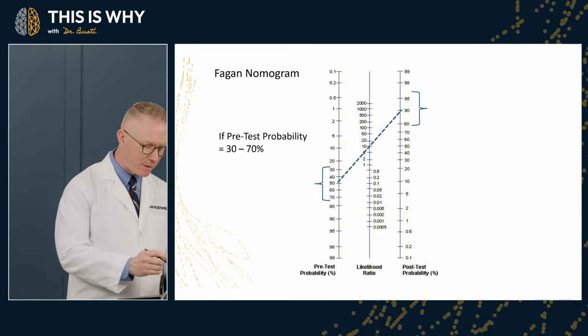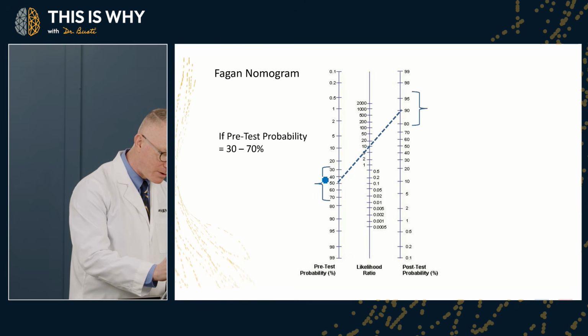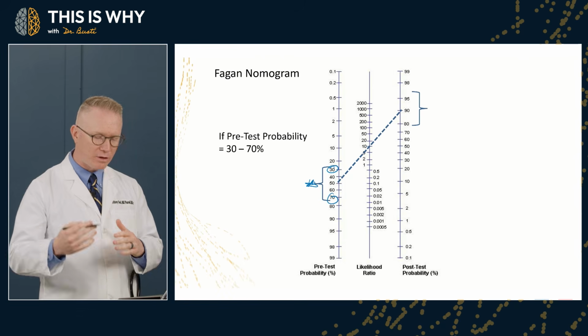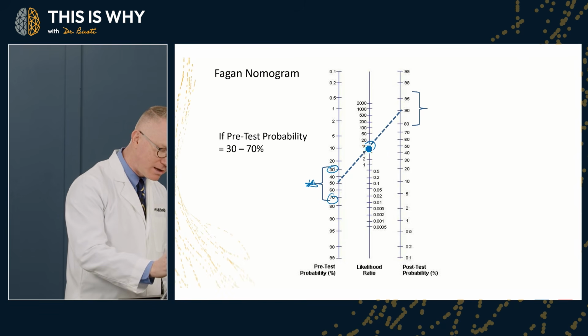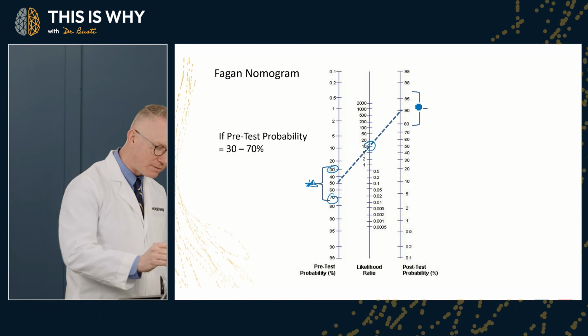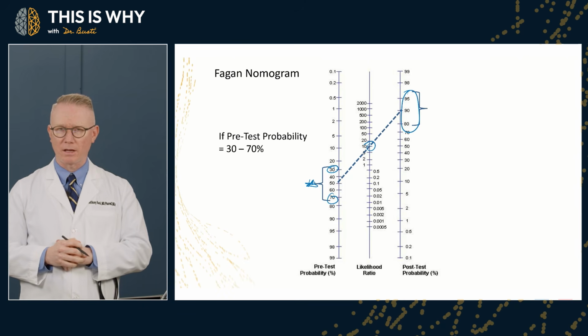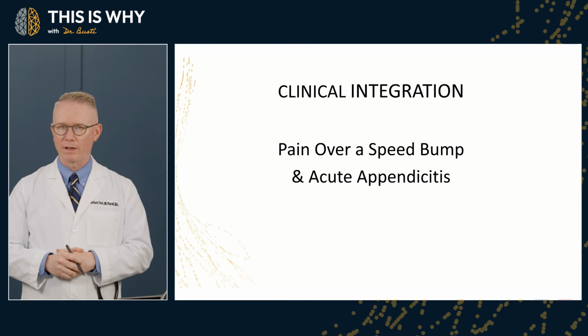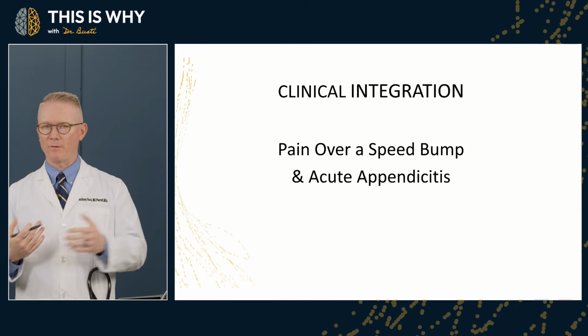So that 30 to 70% right here, if you have a large likelihood ratio, especially like at 10, look what it's doing. It's changing it significantly. It's improving my post-test probability. And the same thing would happen with the last one.